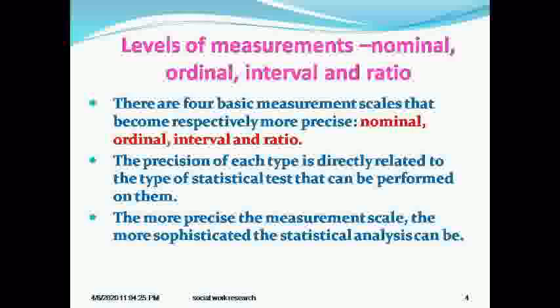The precision of each type is directly related to the type of statistical test that can be performed on them. The more precise the measurement scale, the more sophisticated the statistical analysis can be. In this manner, nominal is the basic level and ratio is the highest, most precise level of measurement.